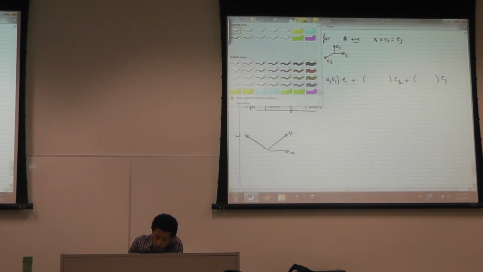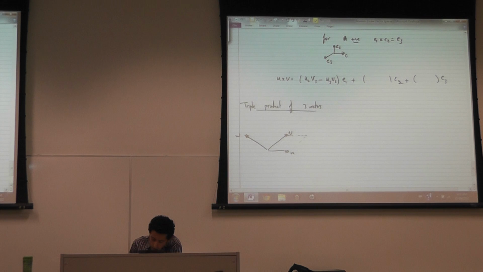The triple product gives me this volume. u dot v cross w is actually equal to v dot w cross u, which is actually equal to w dot u cross v.